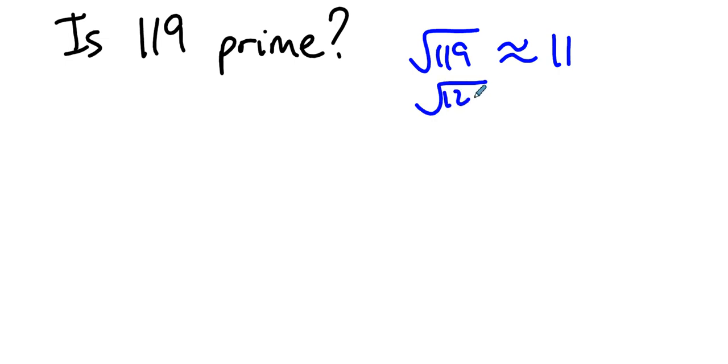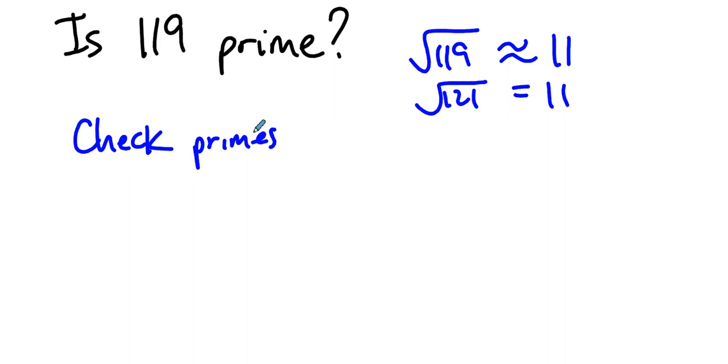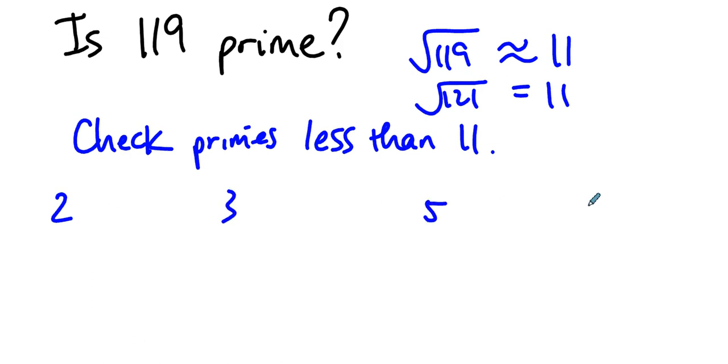We know that the square root of 121 is 11. So in fact, the square root of 119 is less than 11. So we check primes less than 11. Well, what are the primes less than 11? 2, 3, 5, 7. Those are the only primes less than 11. We don't have to check any others.